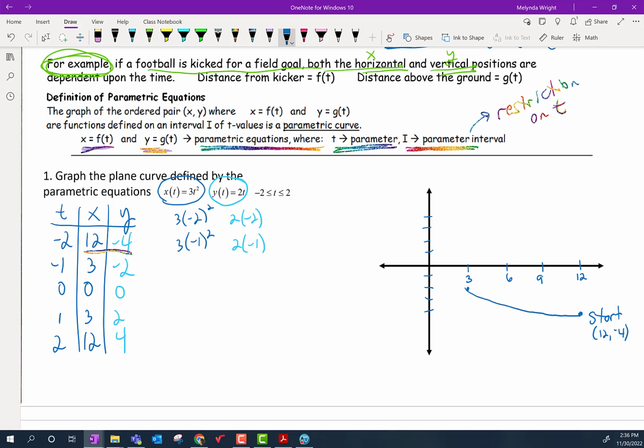Now let's think about, we just got finished working with vectors. Remember how vectors have a direction? Parametrics are also directional, which is another benefit of using parametrics. We're actually going in a specific direction. In this case, we're headed left.